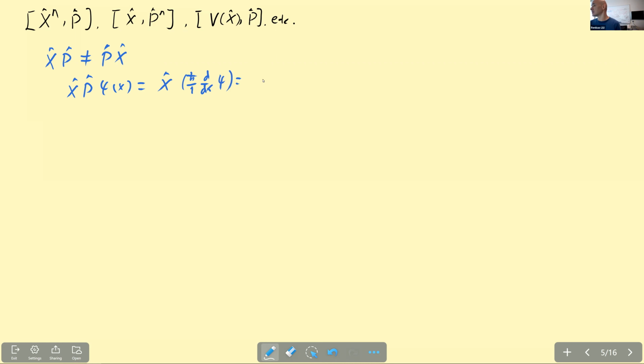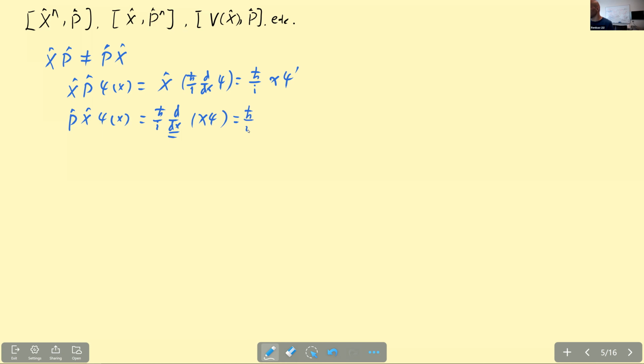That equals just h bar over i x times the first order derivative of psi. But P x on this one, this is the quiz problem we have done, is h bar over i, d over dx of x psi. But now this d over dx is acting on everything that follows it. So it acts not only on psi, but also on x. So you get two terms using differentiation by parts.